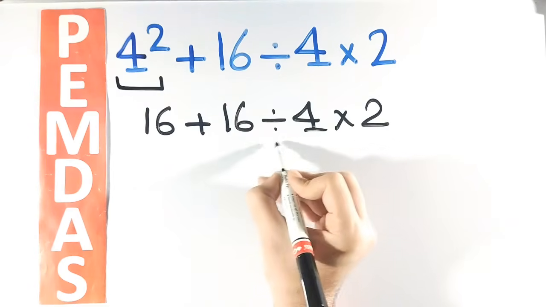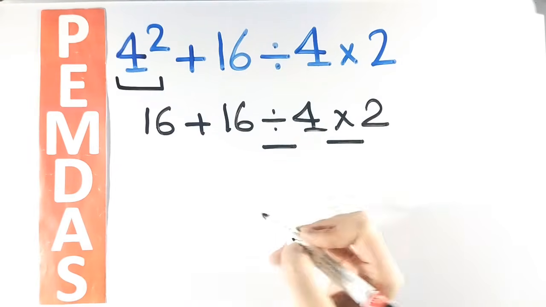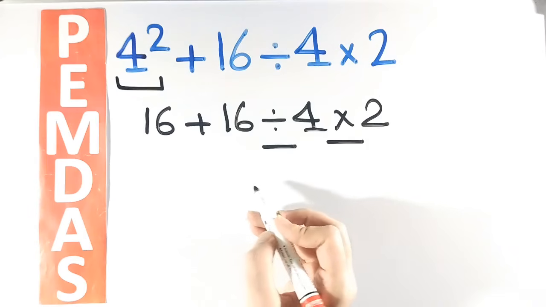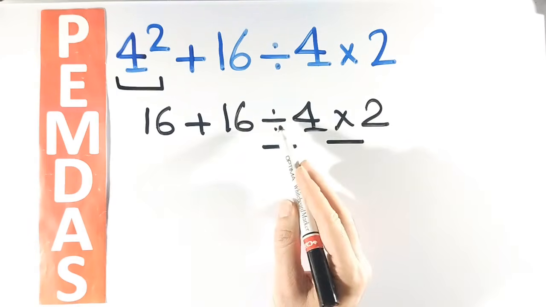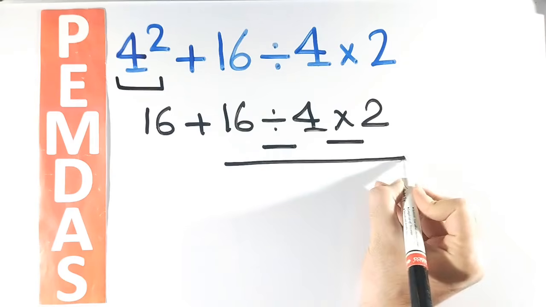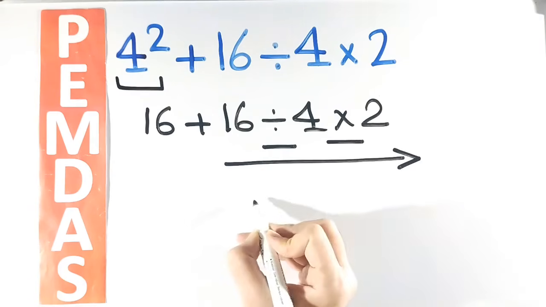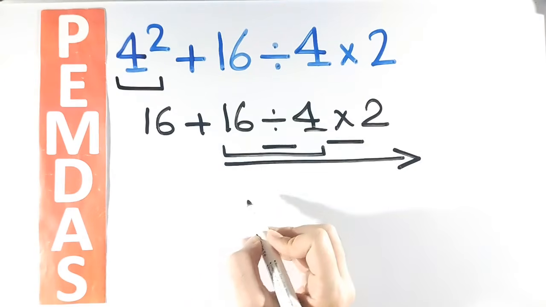And the next step, we go for the division and multiplication because these two operations have a higher priority than addition. However, we must pay close attention that multiplication and division are at the same level of precedence, and we must perform these two operations from left to right. So, first we go for the division between 16 and 4.